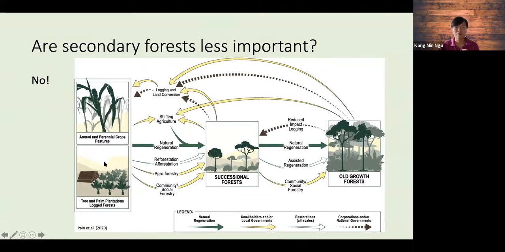And in order for these pastures to go to old growth forests or primary forests, they need to pass through a phase of secondary forest. This process actually takes a long time. It can be decades or centuries.